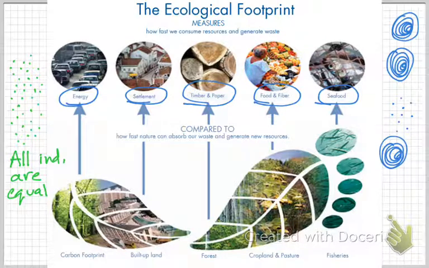All of that can then be looked at from the standpoint of how much of a carbon footprint an individual or population has, the impacts of that built-up land, the impacts on forests, on croplands and pastures, and on fisheries. And we translate that into this footprint that we can compare against what's available for the human population to determine really where we are.